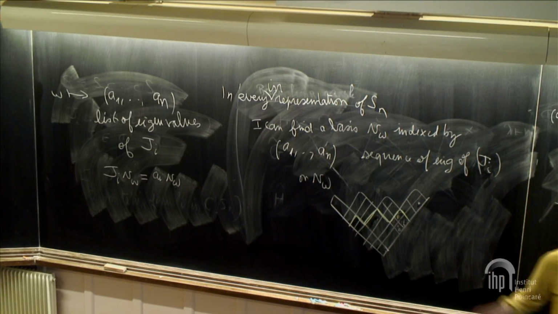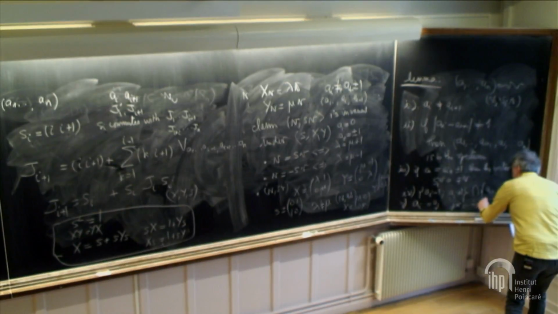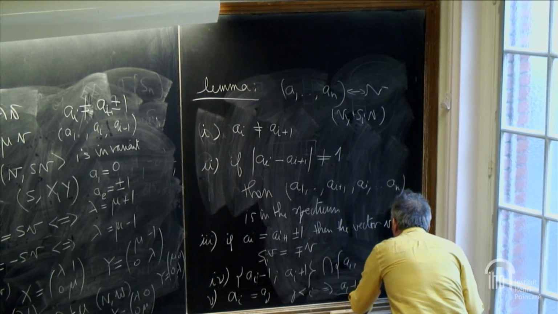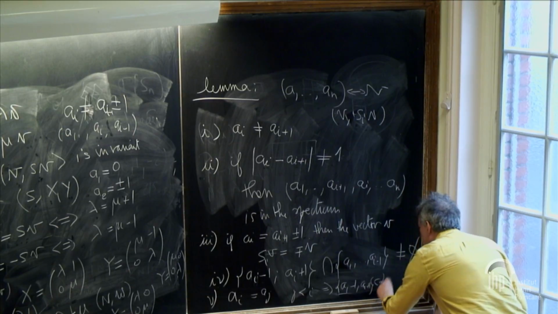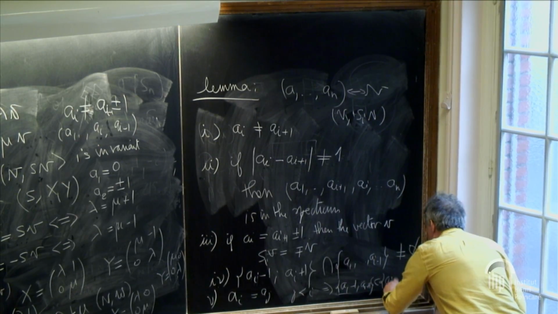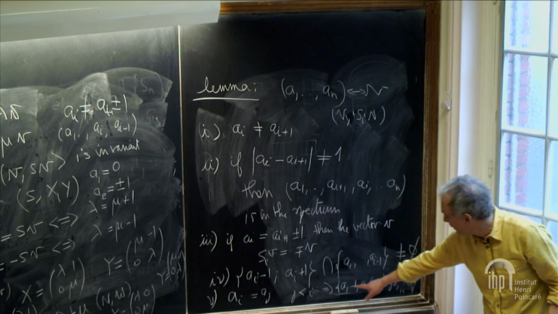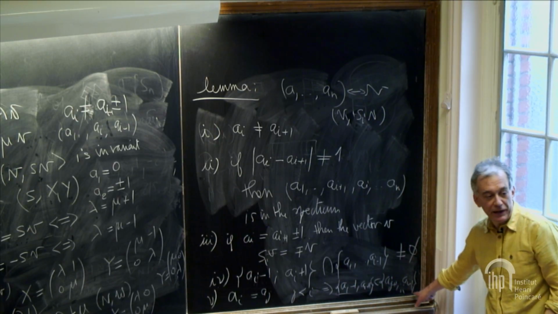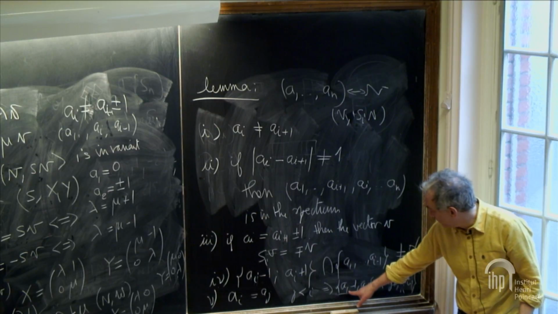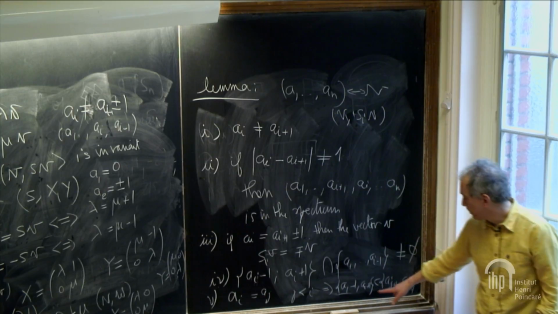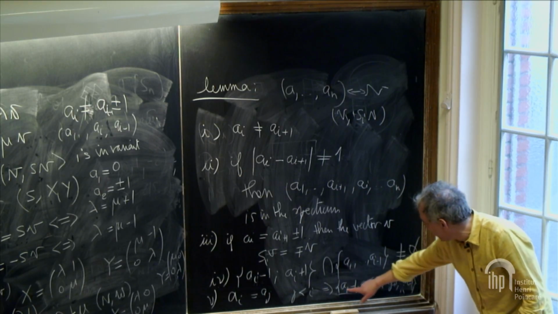So this means that a_i minus 1 and a_i plus 1 belong to the list between j plus 1 and i minus 1. What I claim is that in the list of eigenvalues between j plus 1 and i minus 1, this number occurs and this number occurs.